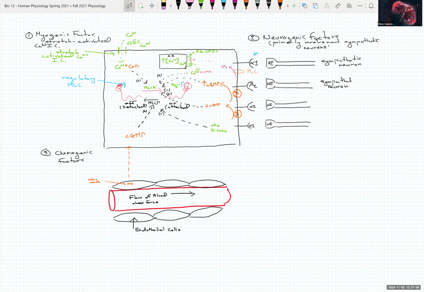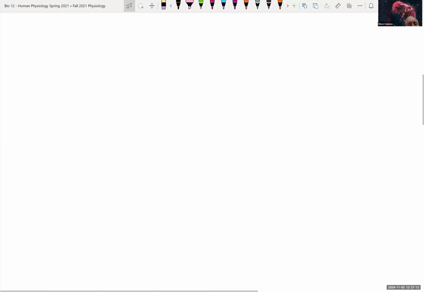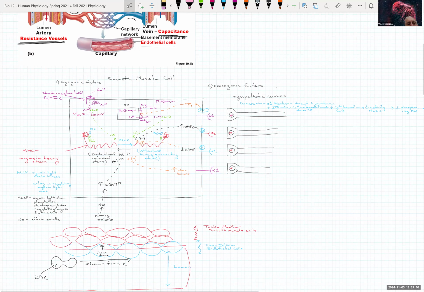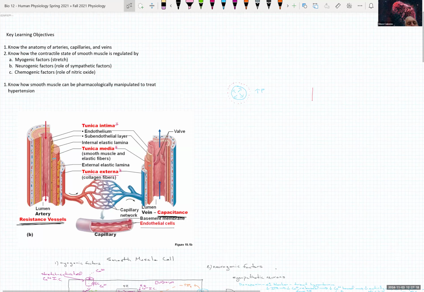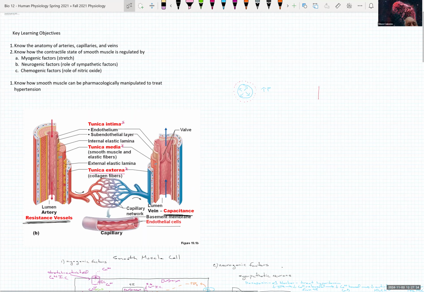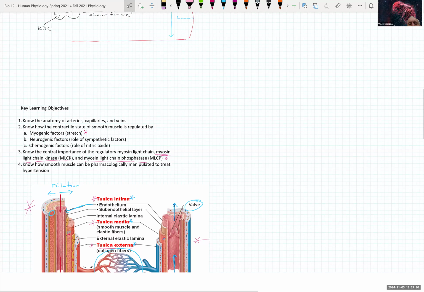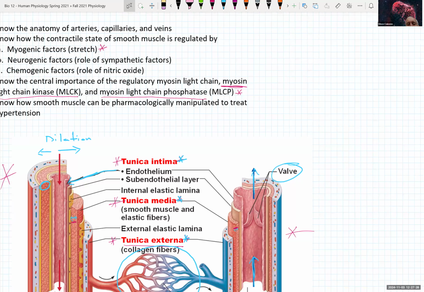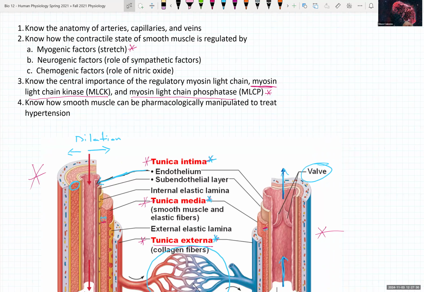Now, the last objective in this lecture is to describe for you how smooth muscle can be pharmacologically manipulated to treat hypertension.